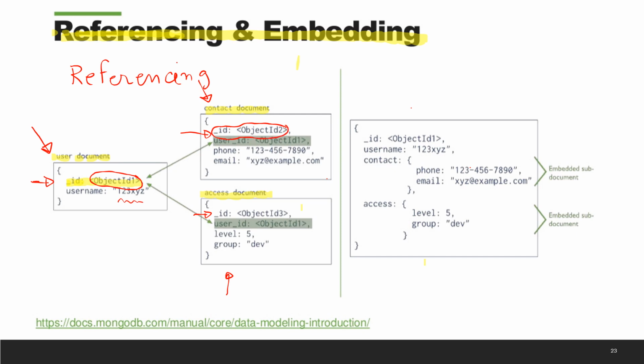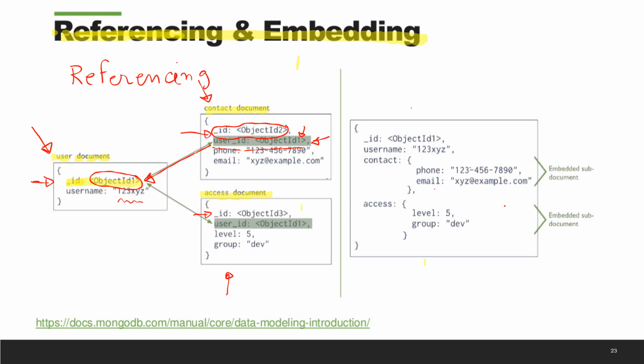It uses a referencing mechanism such that it refers to the user ID with the value ObjectID 1 here.